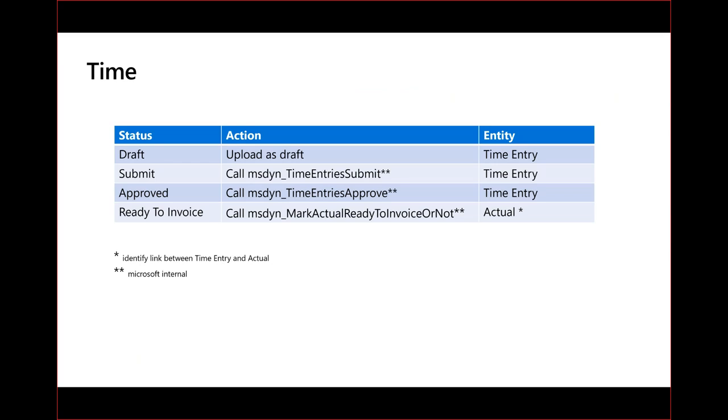Important to say is there is of course a link between the time entry and the actual, and you could basically via what is registered find which record is linked to which time entry. But also if you just bring in first all the ones that need to be ready to invoice as one batch, then you know that whatever you find in your billing backlog can be marked ready to invoice.